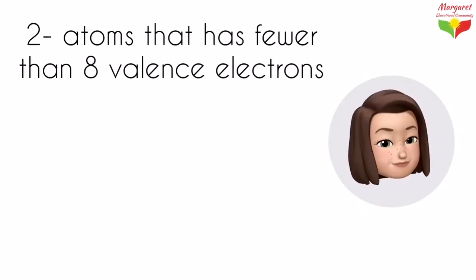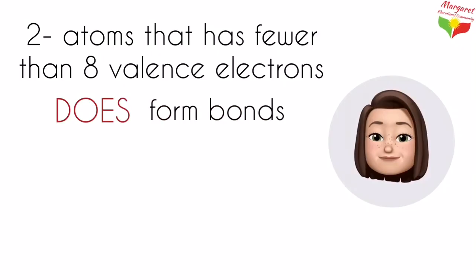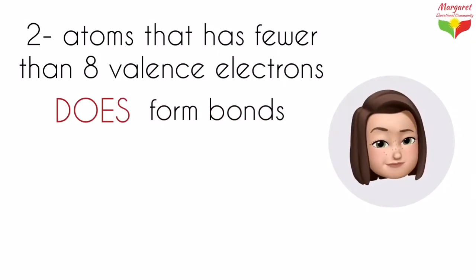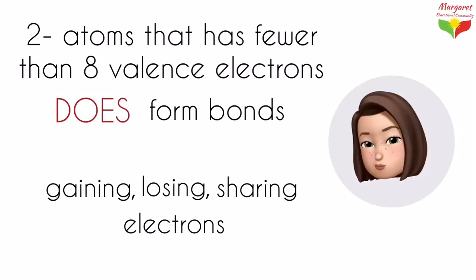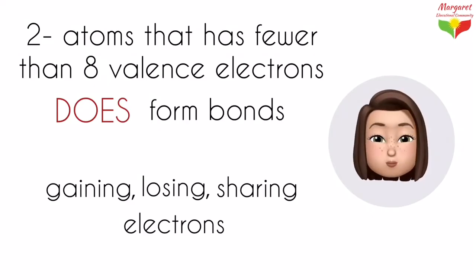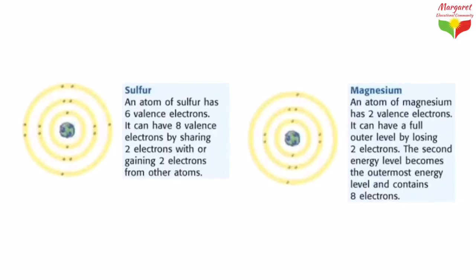Atoms that have fewer than 8 valence electrons are more likely to form bonds. They would bond by gaining, losing, or sharing electrons to have a filled outermost energy level, like sulfur and magnesium. An atom of sulfur has 6 valence electrons.